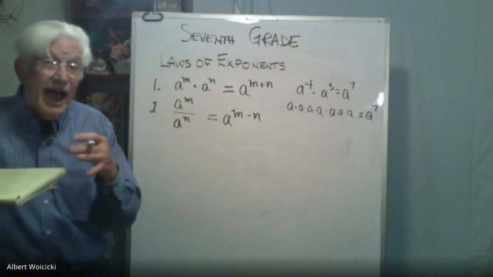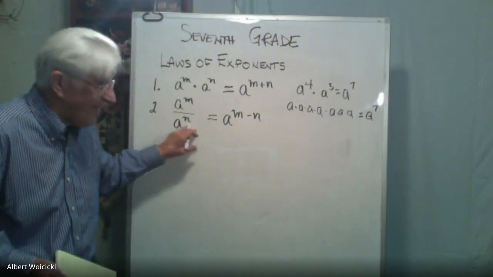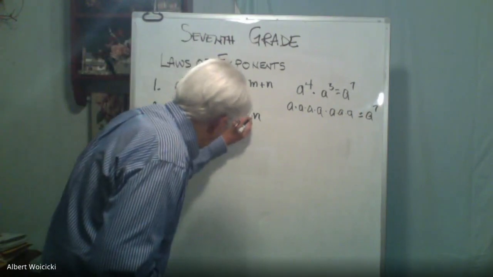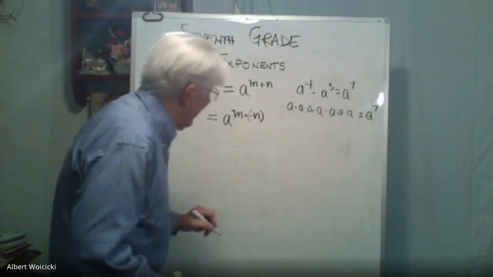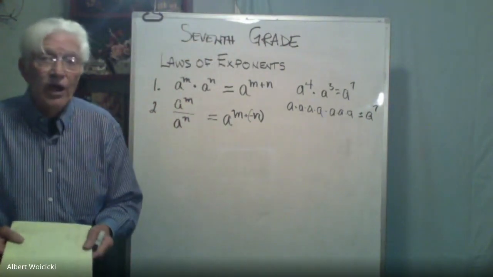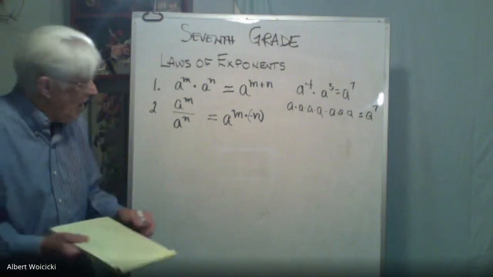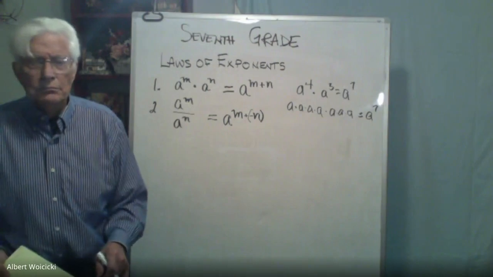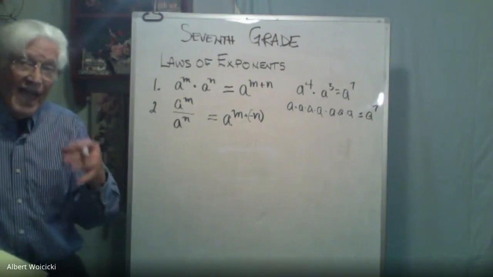We're now adding the opposite of whatever n is, because n could be negative to start with. So we're adding the opposite of n. Okay? So that's my second one.